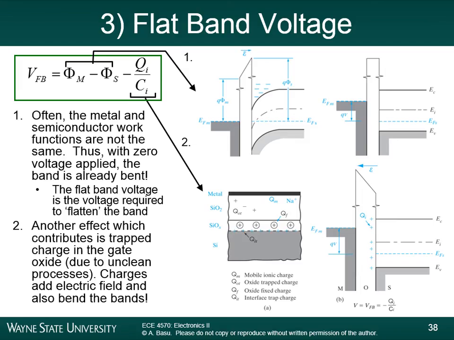I didn't understand why it went from the difference between phi m and phi s down to just equal to the voltage itself, of Qi over Ci. You see what I'm saying? Phi m minus phi s isn't in that equation down there. Maybe I'm misreading. So the flat band voltage is equal to the difference of phi m and phi s minus Qi over Ci, right? Let's see here.